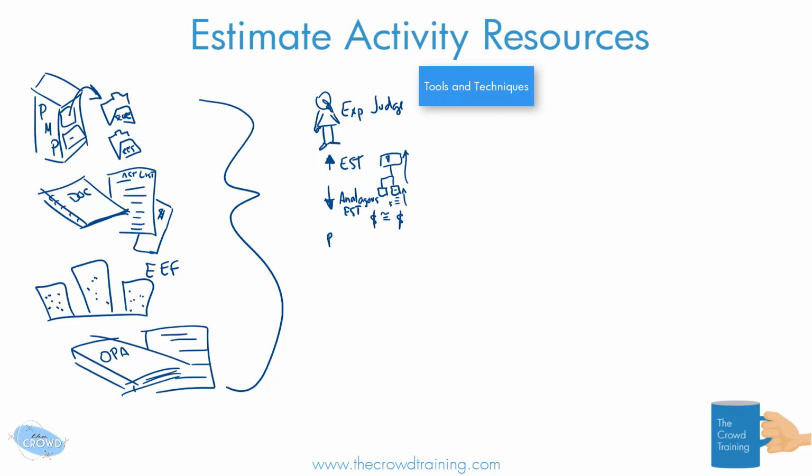We can also use parametric estimating, and I'm going to simplify it here as using algorithms and various different tools and equations. So I'm just going to draw a nice little calculator to indicate a more mathematical look at how we're going to go about the estimating.